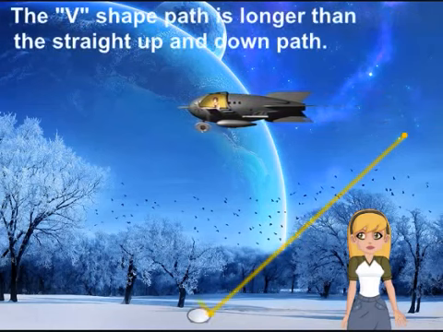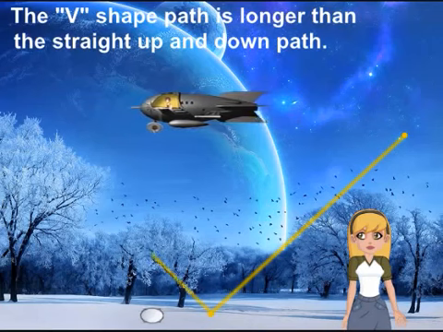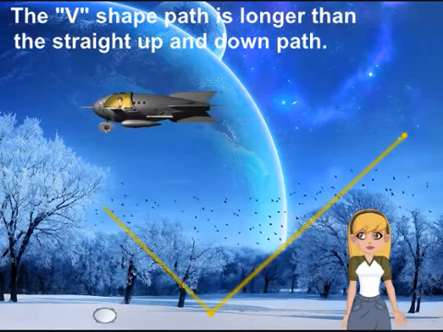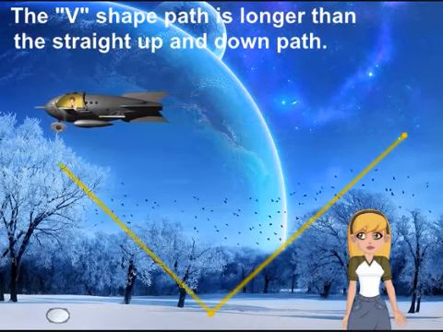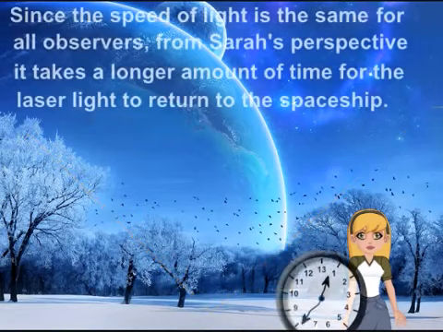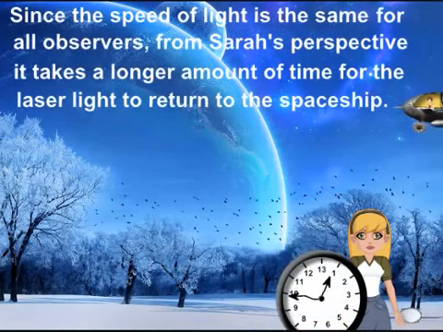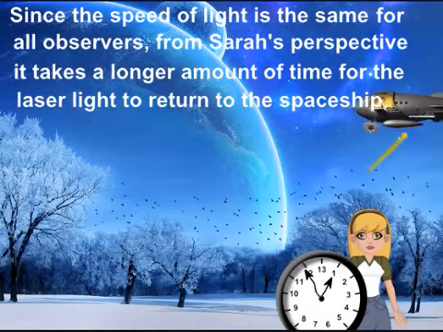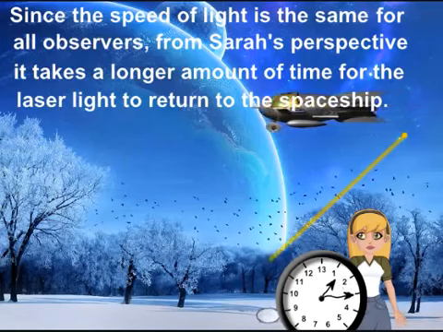The V-shaped path is longer than the straight up and down path. Since the speed of light is the same for all observers, from Sarah's perspective it takes a longer amount of time for the laser light to return to the spaceship.